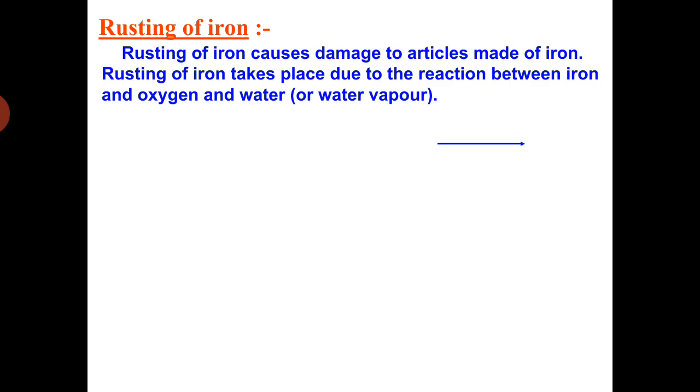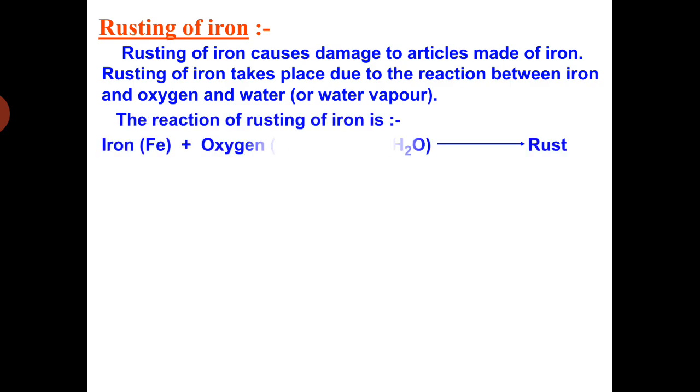The reaction takes place between iron and oxygen and water, or you can say water vapor also. Water vapor is essential for the rusting process to take place. Oxygen it takes from the air. So the reaction taking place can be written as iron, that is Fe, plus oxygen, that is O2, plus water, or water vapor, that is H2O.